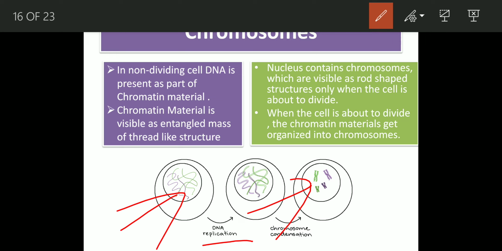Chromosomes are visible as rod-shaped structures. These are visible only when the cell is about to divide. This chromosome is transferred during cell division from the parent to the daughter cells. How the division of cells takes place, we'll discuss during cell division.